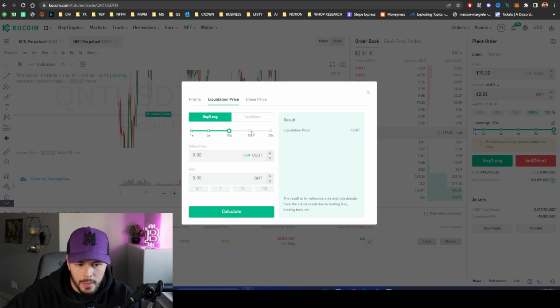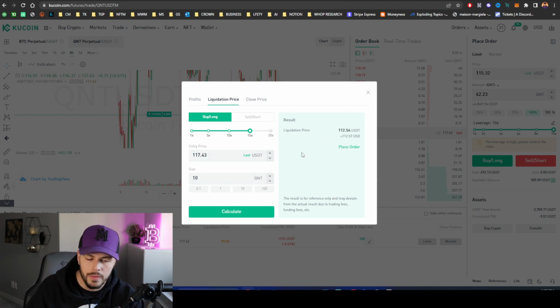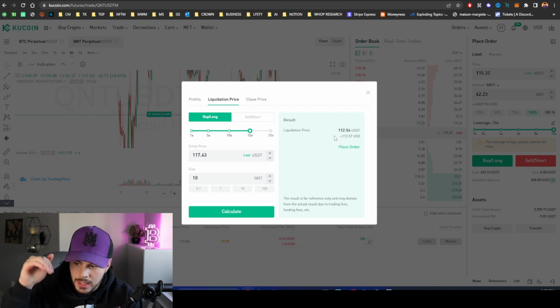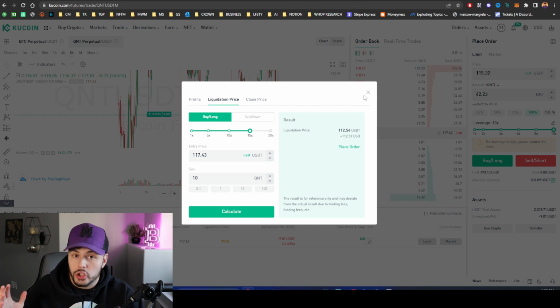Let's say we want to put in a 15x long on quant, and we're going to enter at 117.42 or 43, and our position size, we're going to do 10 quant. This is going to tell you where your liquidation price is. Basically, we're entering at 117.43, and if the quant price goes down and hits 112.54, we're going to lose our entire bag. So it can get super risky.